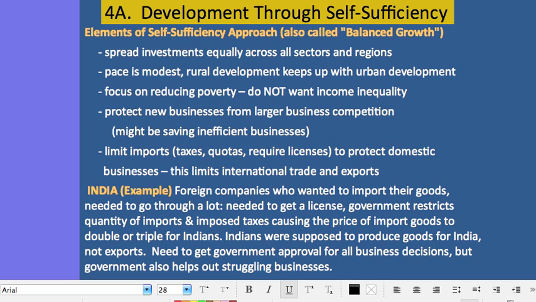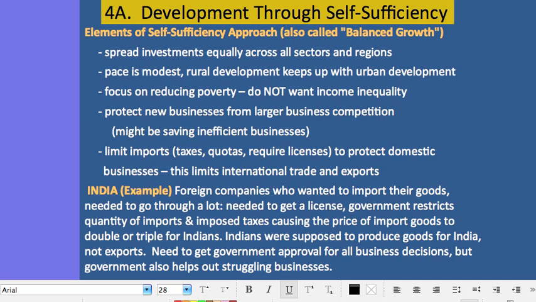So elements of this would be that investments within the country are spread evenly across all sectors and all regions. That means all sectors of society, meaning poor and wealthy, business, hospitals, education, healthcare, industry.